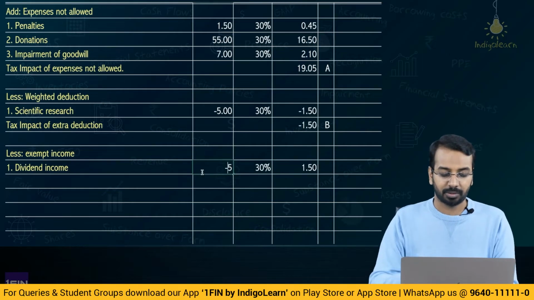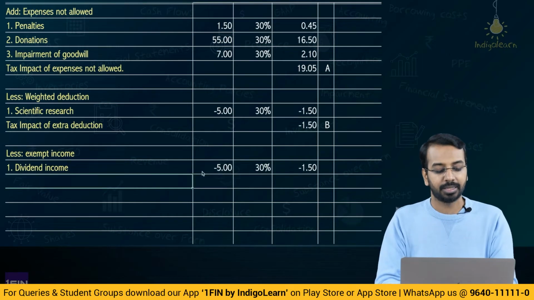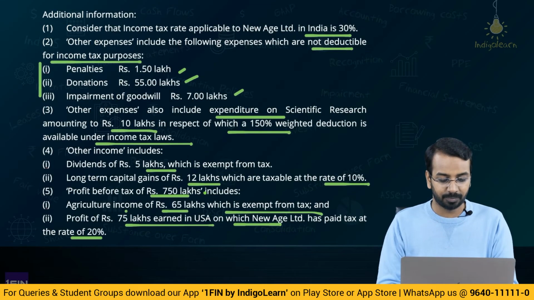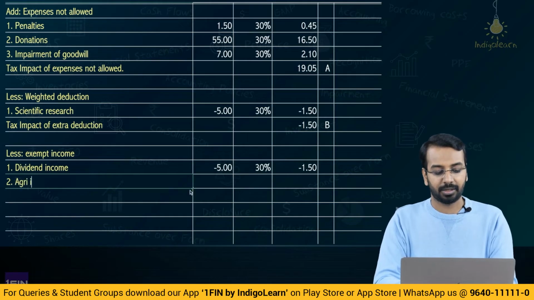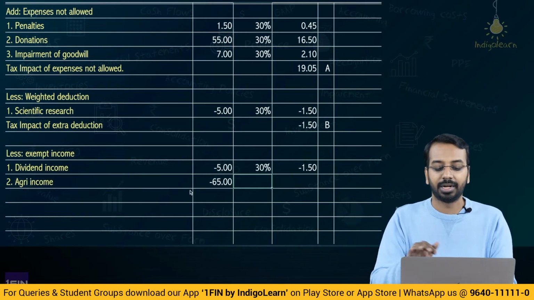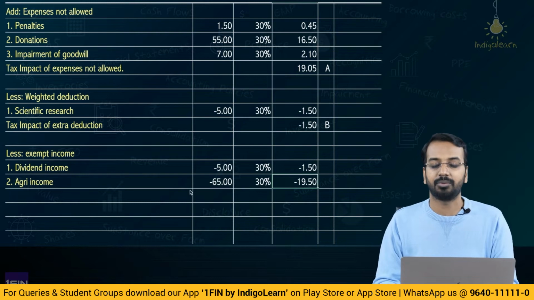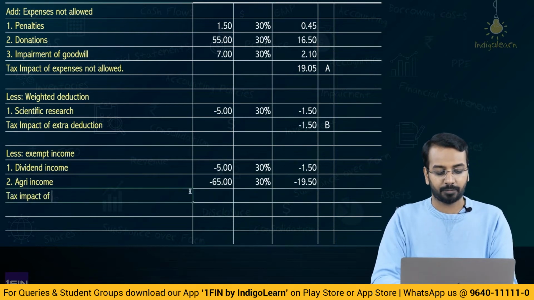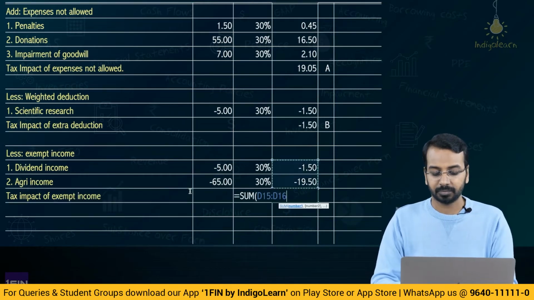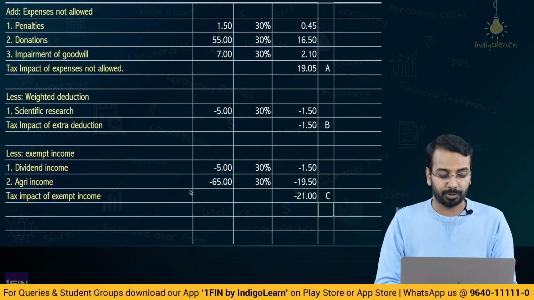This will reduce because it's an exempt. Income will be reduced and tax will also be reduced. Then second, there is one more exempt income which is agricultural income of 65 lakhs. So agricultural income of 65 lakhs will reduce our tax by 30%, which is 19.5 lakhs. So tax impact of exempt income is 21 lakhs, which is the third component, right?